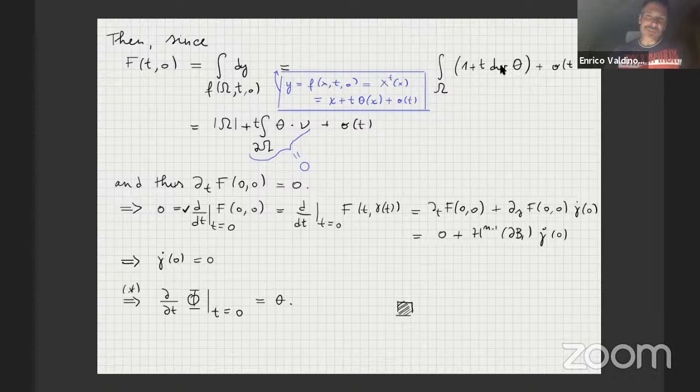Now, guess what? I integrate by parts. I get here theta dot nu, but if you notice, up to now, I didn't really use that theta was 0 flux.